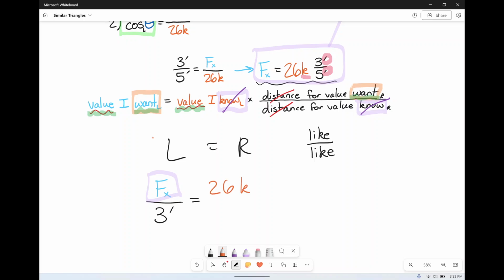So here we go, 26 kips on the top, and compare it to a distance. So you can see our units are going to be the same. On this side, we're going to have some kips over feet, and on the other side, we have kips over feet. So our units are the same. Oops, that's not 3, that's 5. So there we go.